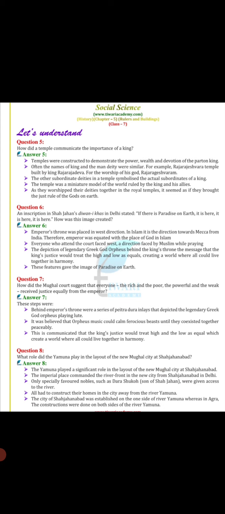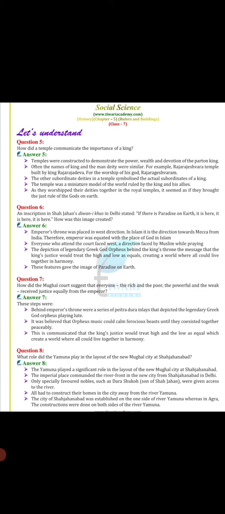The depiction of the legendary Greek god Orpheus behind the king's throne gave the message that the king's justice would treat the high and low as equals, creating a world where all could live together in harmony. These features give the image of paradise on earth.